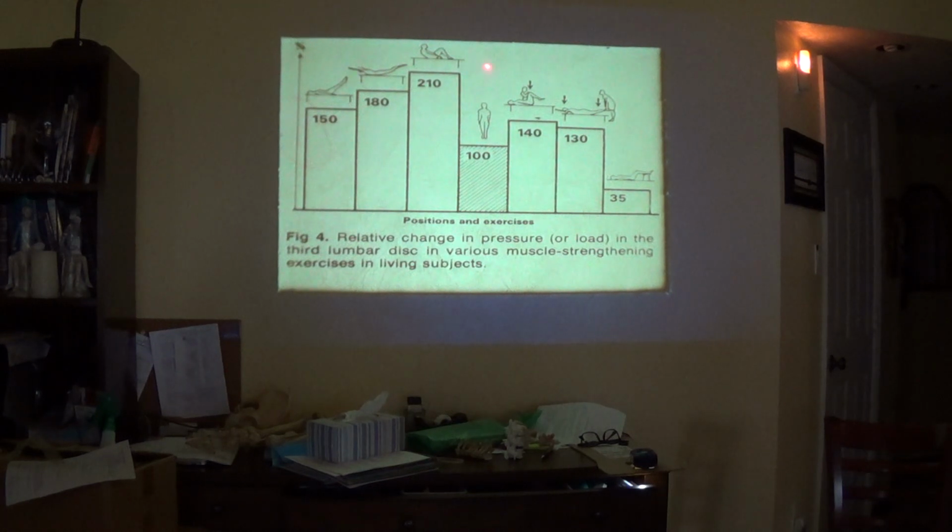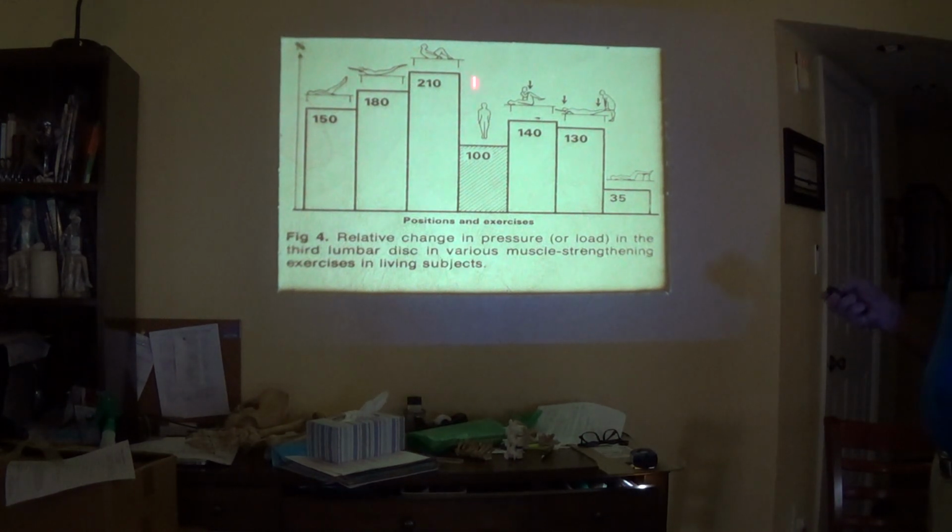You don't want more interdiscal pressure with discogenic problems. The sit-up causes a lot of interdiscal pressure and can cause exacerbation of the patient's problems. So if you're doing an exercise program for low back problems that are discogenic in nature, you certainly wouldn't want to do this.